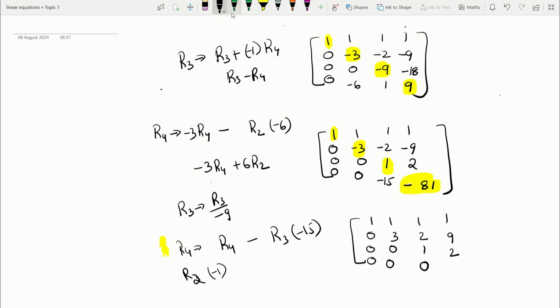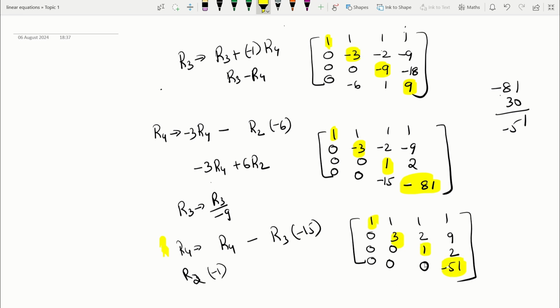1 into 15, 15 into 1. Then what happens? How will it change? 1, 1, 1. And anyhow here minus is extra. Please multiply with that. R2 multiplied with minus 1, then 0, 3, 2, 9, 0, 0, 1, 2, and 0, 0.